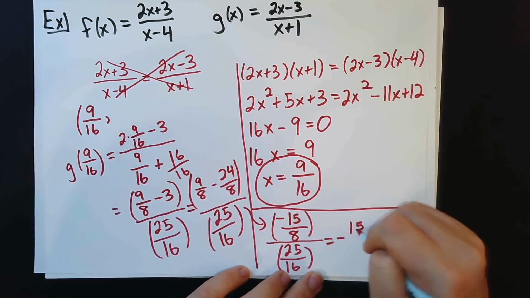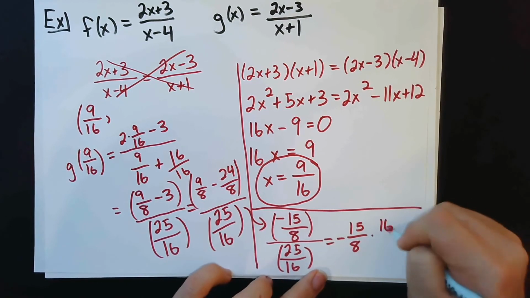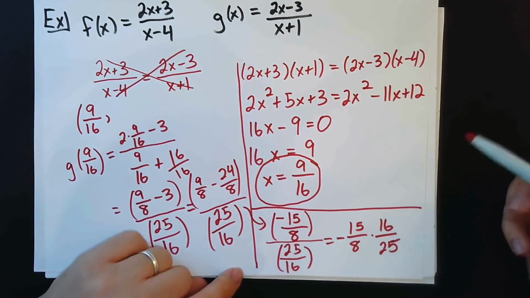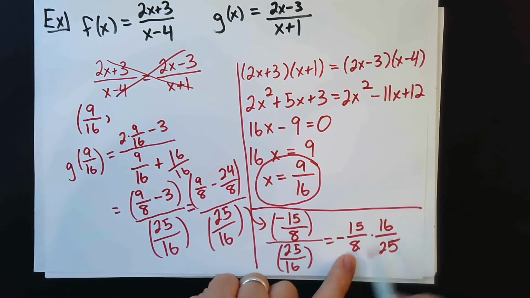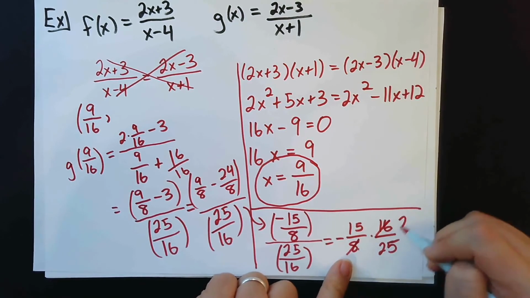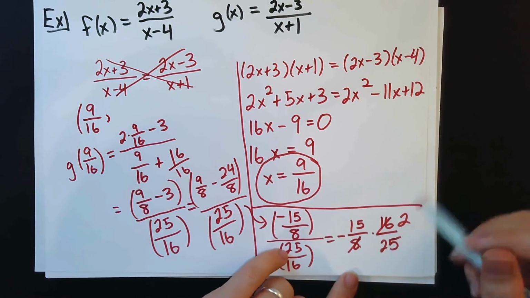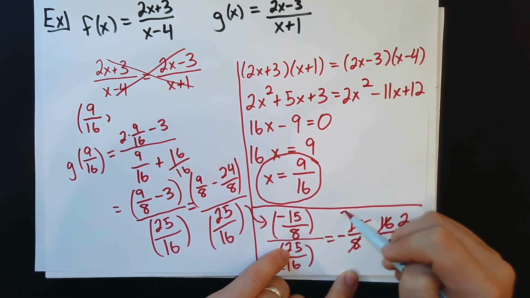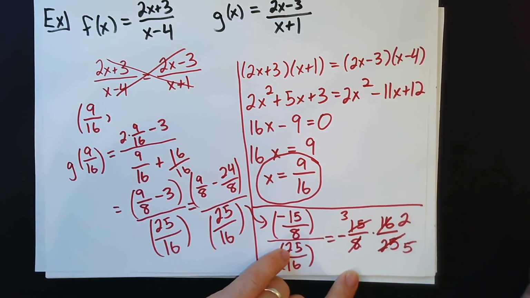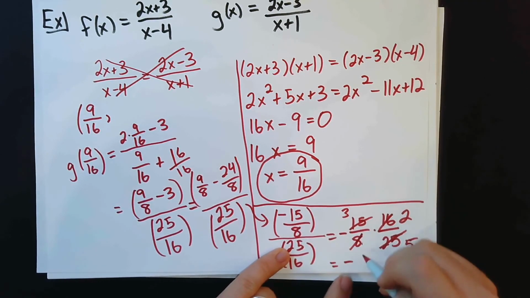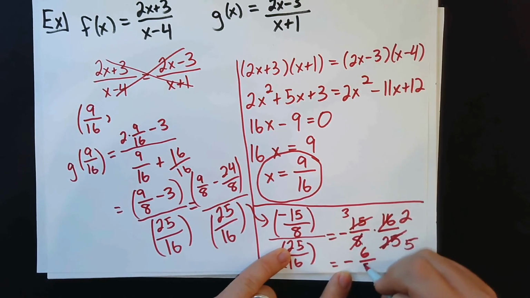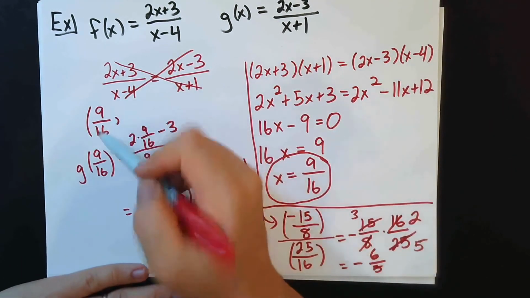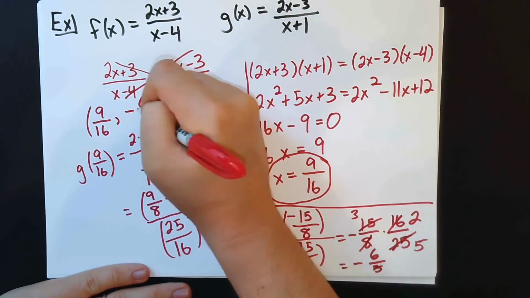So this will be minus 15/8 times 16/25. At this point there's lots of cancellation. I can cancel the 8 with the 16, which leaves a 2. And I can cancel the 5 out of the 15 and the 25, which will leave a 3 up here and a 5 down here. And so this is minus 3 times 2, which is 6, divided by 5. Our answer is that this point is 9/16, comma, minus 6/5.